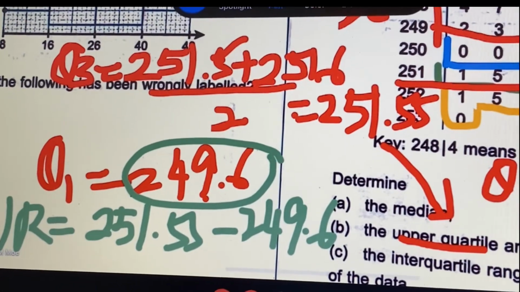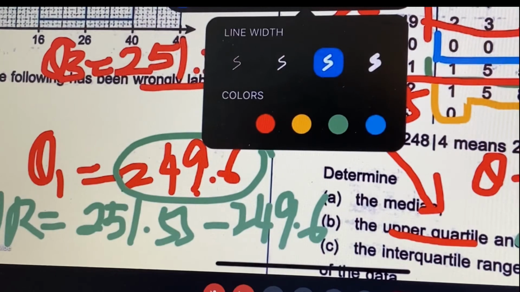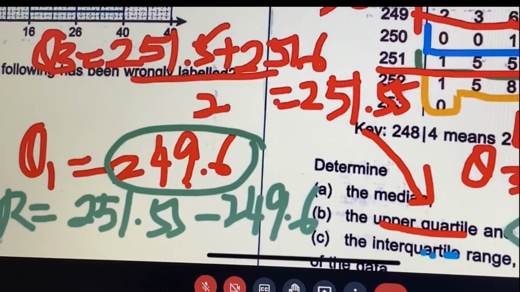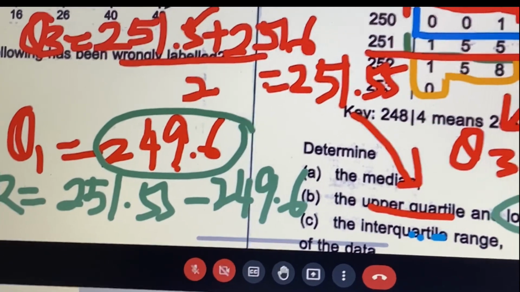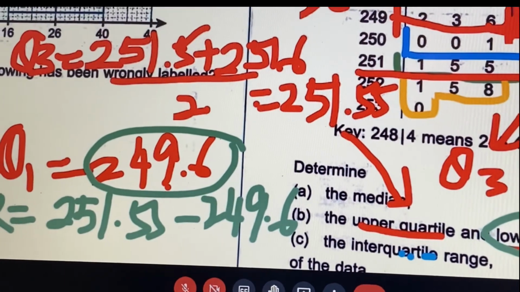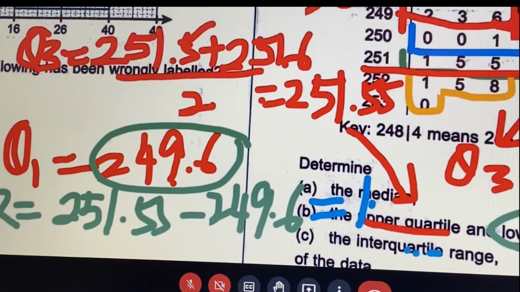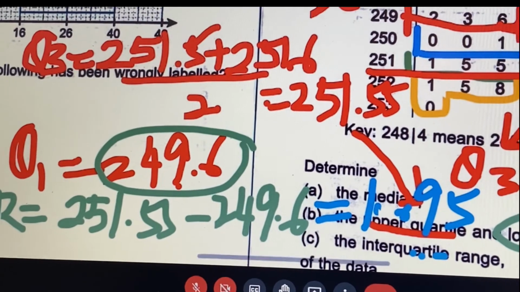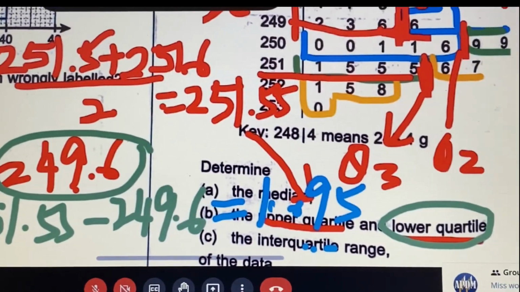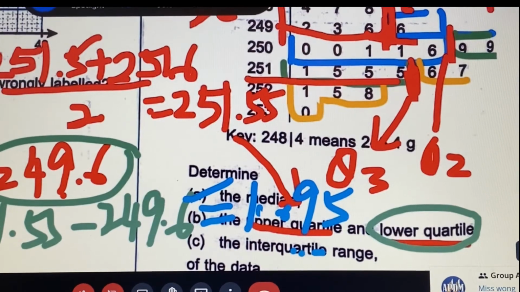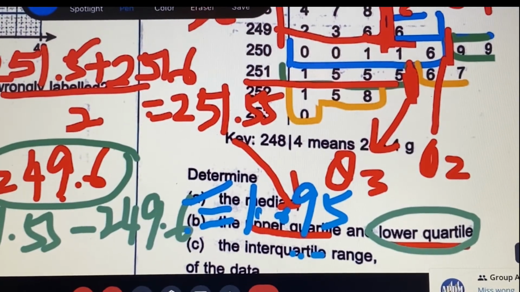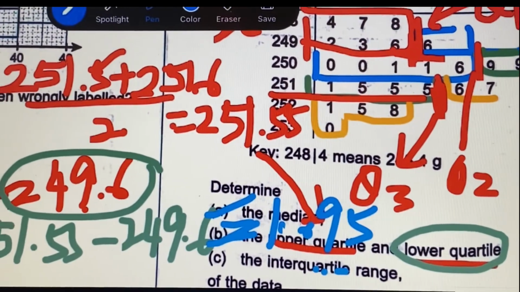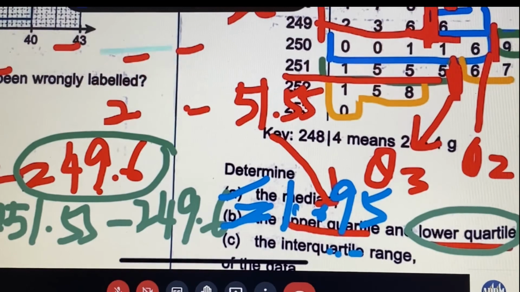So the interquartile range we want to find here is actually just 1.95. Okay, so we have solved how to find the median, how to find the lower quartile and upper quartile, Q1 and Q3, and how to find the interquartile range. You just minus, right? IQR is just minus.